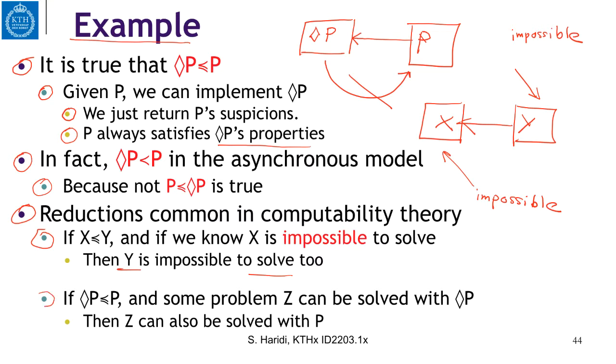So now we know that diamond P is reducible to P and actually strictly weaker, and some problem Z can be solved with diamond P. Then of course Z can be solved with P. We can draw it this way. P can be used to solve diamond P, and diamond P then can be used to solve Z. Therefore, Z is solvable with P. Well, P is always a stronger abstraction. We can use it to solve a problem if it is solved by diamond P.